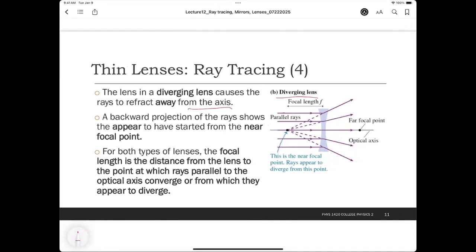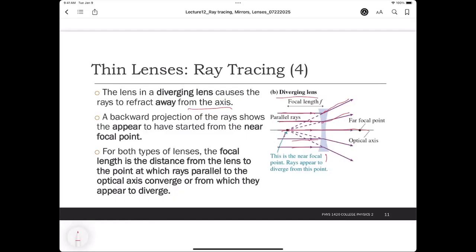You can see these are parallel rays, and through the divergent lens the light rays will refract away from the axis. A backward projection of the rays shows they appear to have started from the near focal point. This is the near focal point.